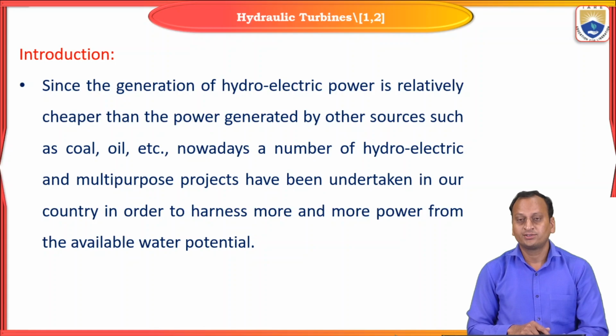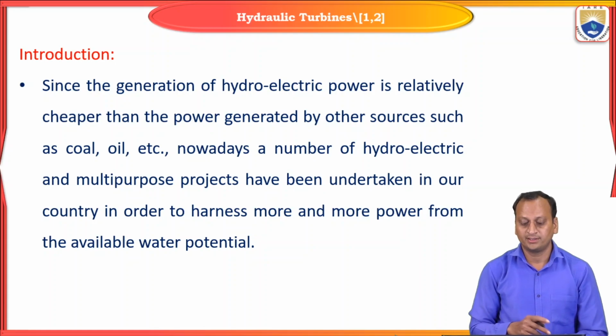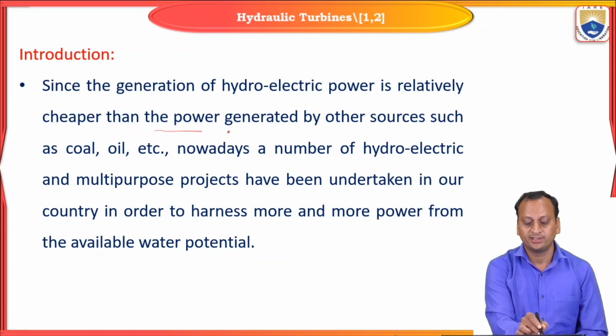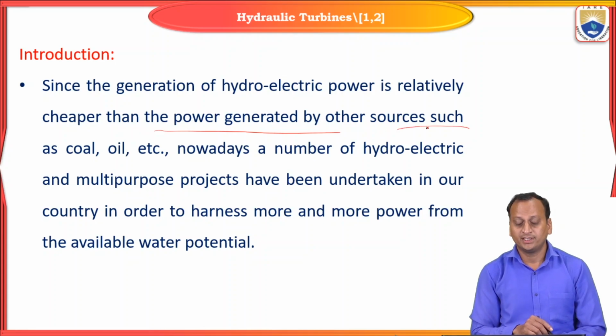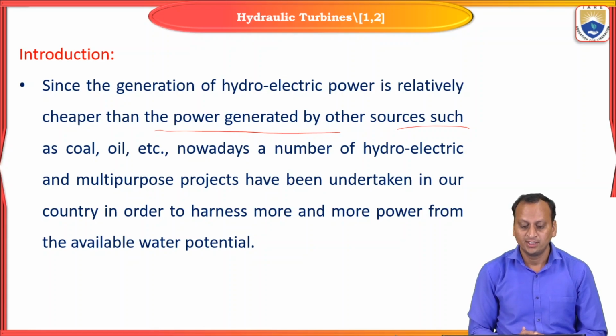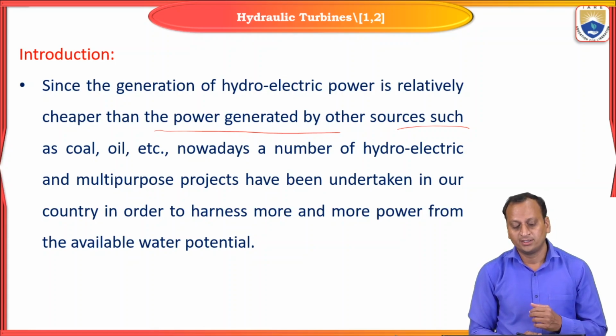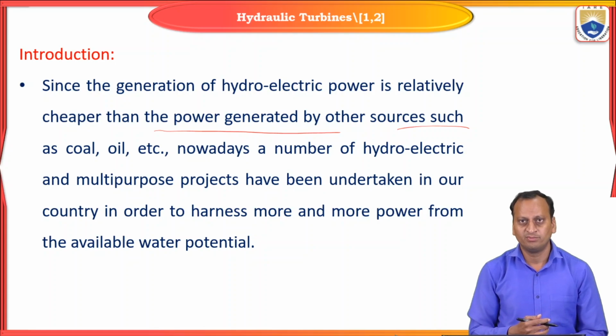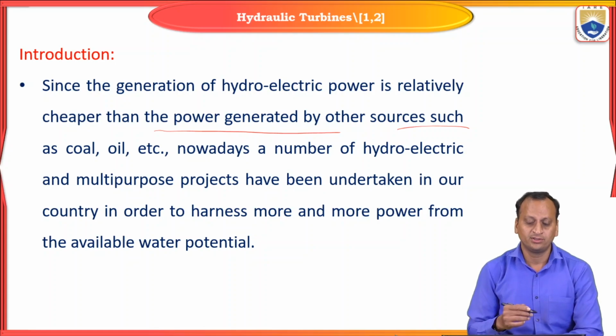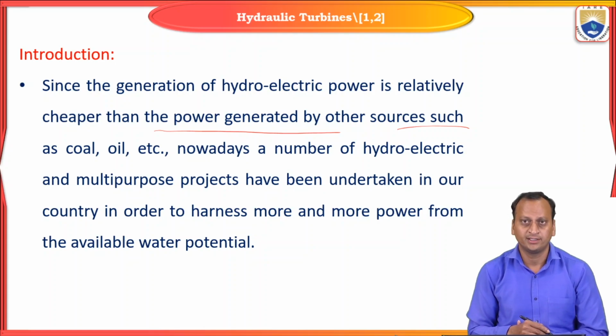Since the generation of hydroelectric power is relatively cheaper than the power generated by other sources, the majority of hydroelectric power stations are installed. If you compare with steam energy or geothermal, etc., the majority of power is produced by hydroelectric power stations in India.